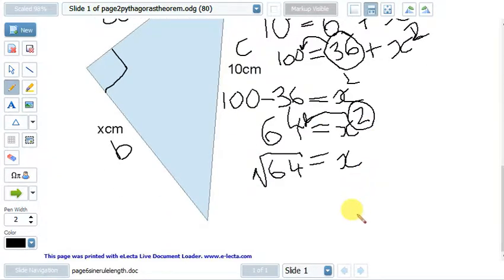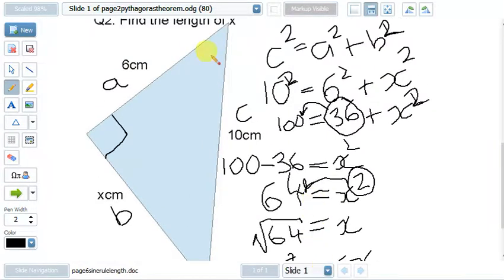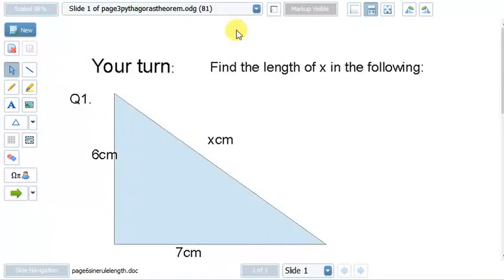Okay, and the square root of 64, a lot of you will probably know this, is 8, so no decimal places required. And that is the length of x. Okay, so sorry for the unneat writing, but writing on this little pad is a little bit tricky.